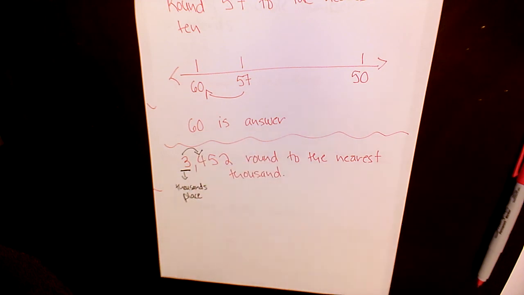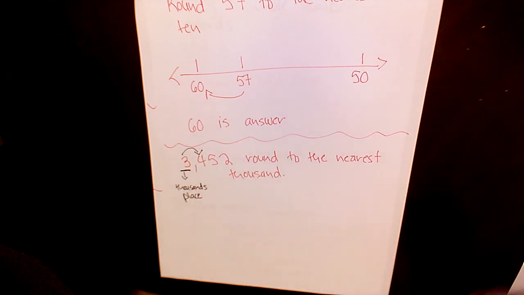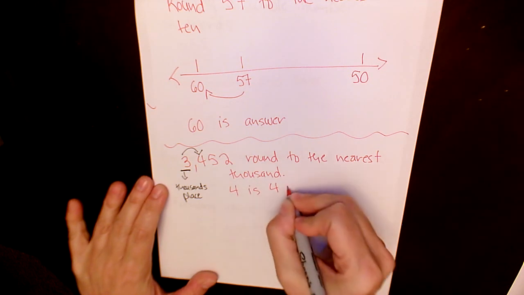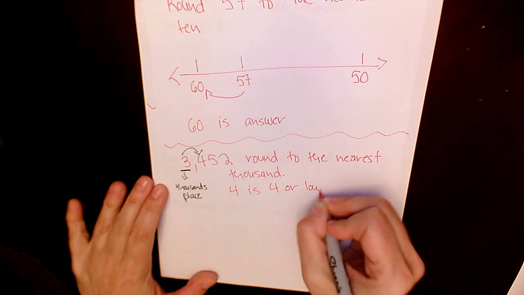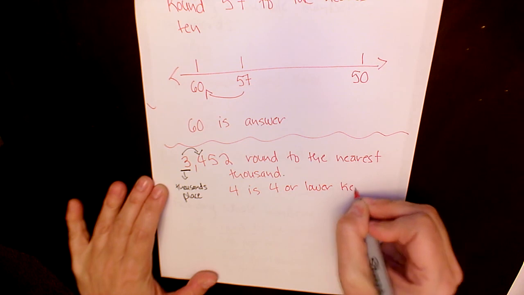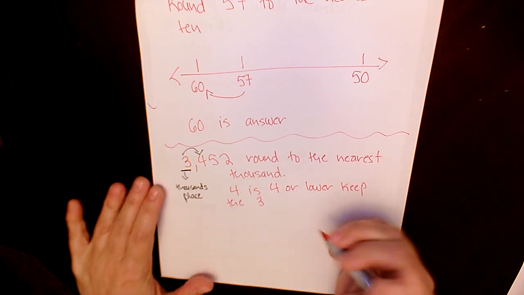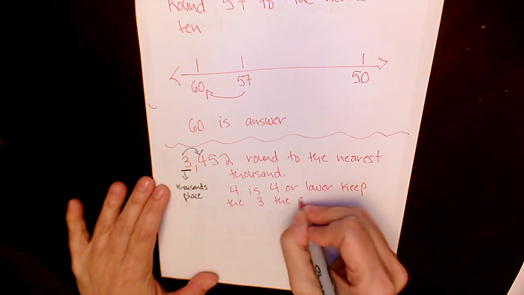So I'm going to look next door to the right. 4 is 4 or lower. So according to our rules, we're going to keep the 3 the same.